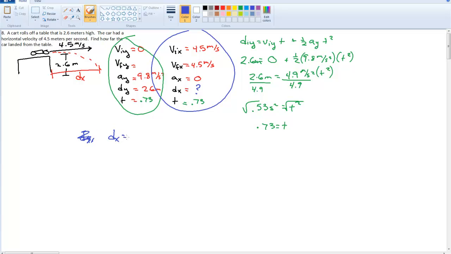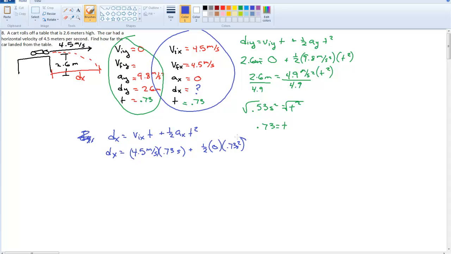And what we're looking for, the range, is equal to VIX times t plus 1/2 ax t squared. All right, dx we don't know. VIX was 4.5 meters per second. Time was 0.73 seconds. Plus 1/2 ax is 0 times t squared, so 0.73 seconds squared.